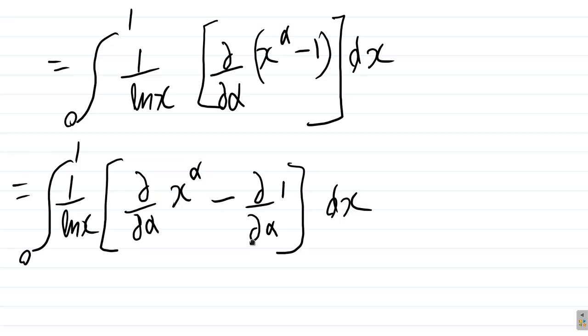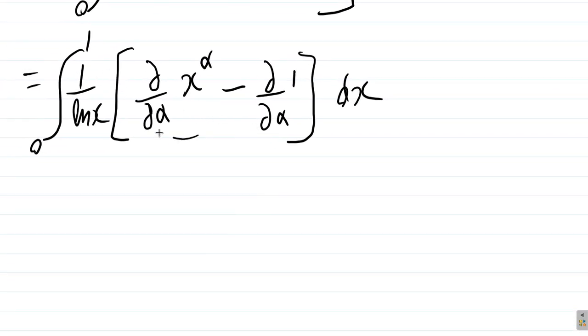Now, you see this thing here? It kind of looks like when you're differentiating a to the x. Now, you are differentiating x to the alpha. If you say y equal a to the x, what is dy by dx?